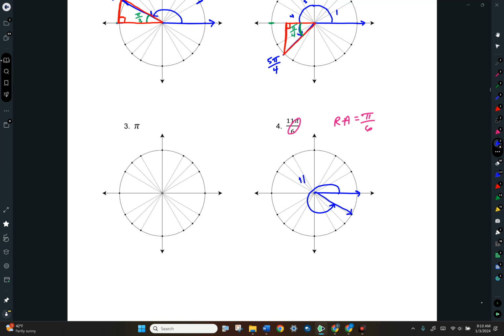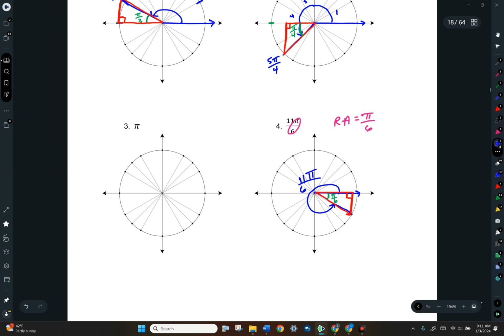So that's my 11 pi over 6 angle. And to picture the reference triangle, here's my terminal side; if I drop that perpendicular line straight up to the x-axis, then here's my reference triangle, and this angle inside here is the reference angle, that is the pi over 6.